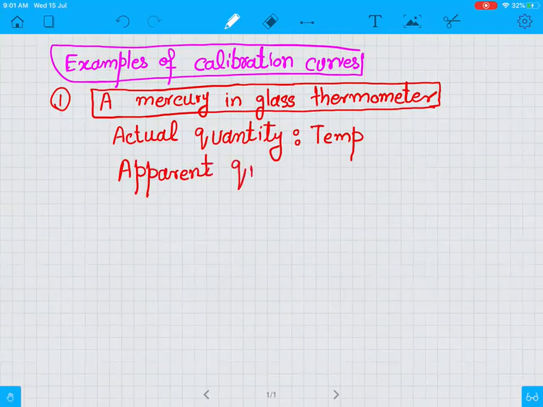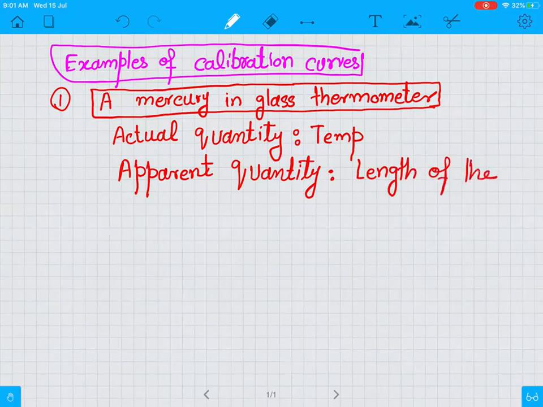The apparent quantity is the length of the mercury column. So the actual quantity is the temperature and the apparent quantity is the length of the mercury column.